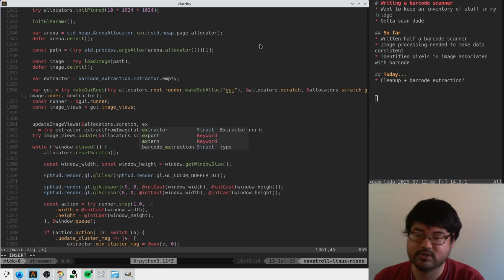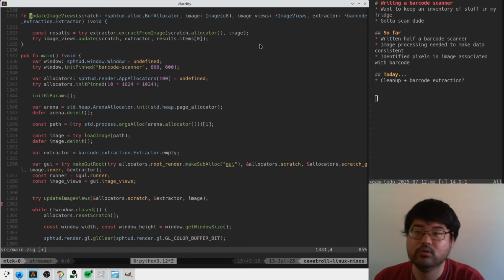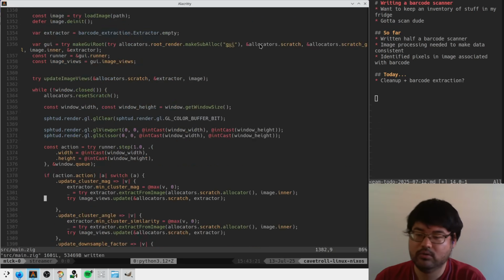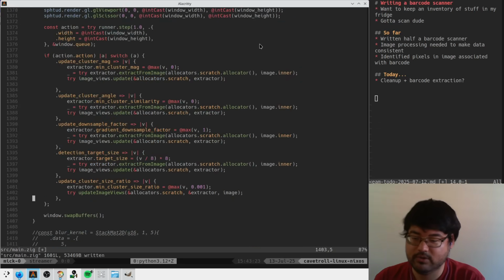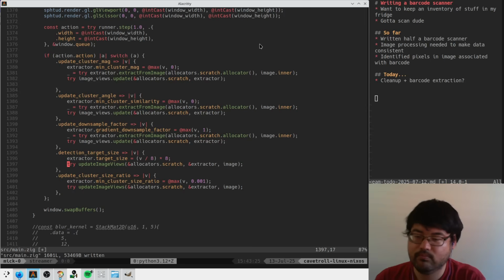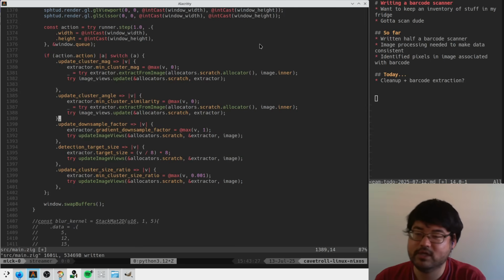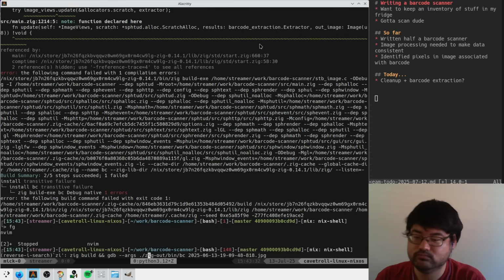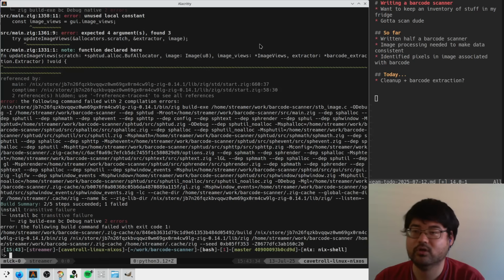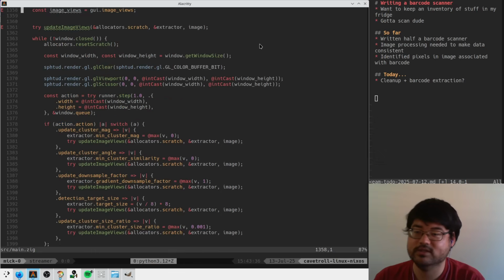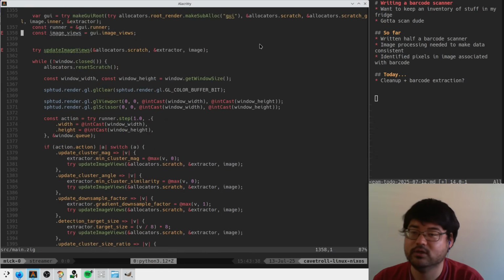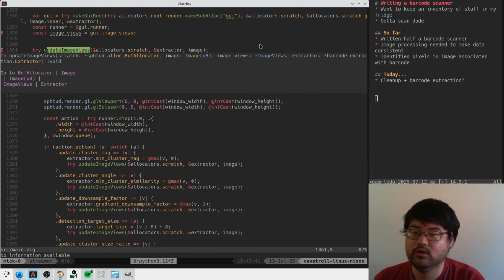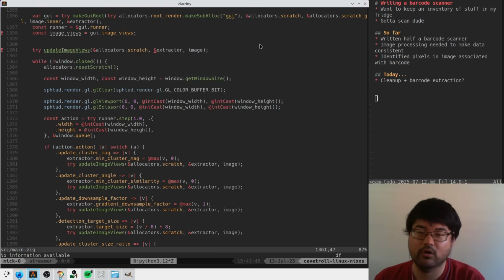What does he want? He wants like the extractor and image probably. And this should be done here. Everywhere we do this stuff now, we have to update image views properly. Much nicer. Okay. Only 5.8 is mad because... Yeah, surely image views has to go in here, right? Wow, we just got the order of these like totally fucking wrong.